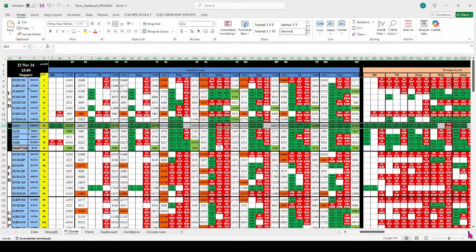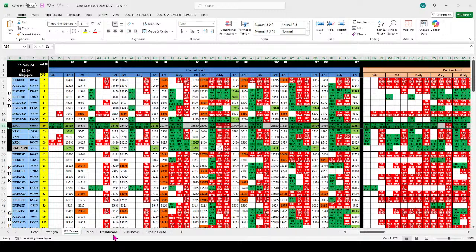So the resistance, I repeat: daily RR5, weekly RR2, that means resistance right zone 2, then previous week RC2 and SR7.